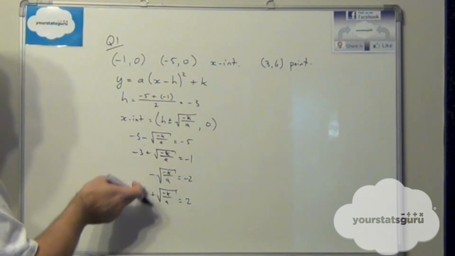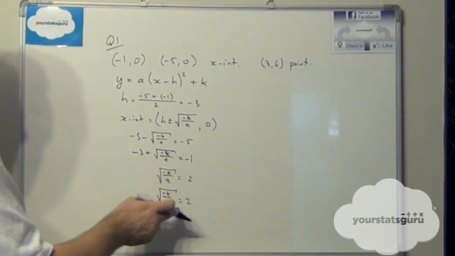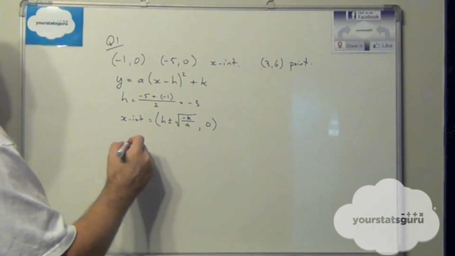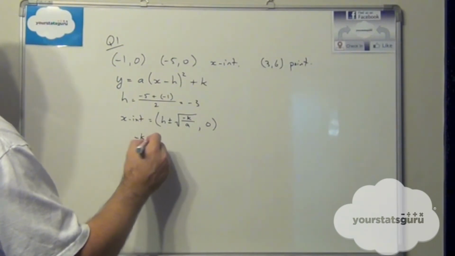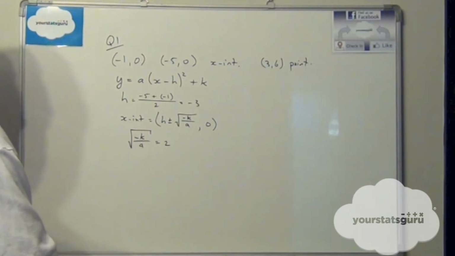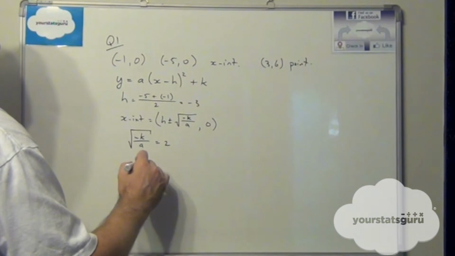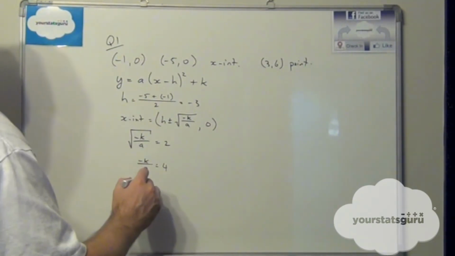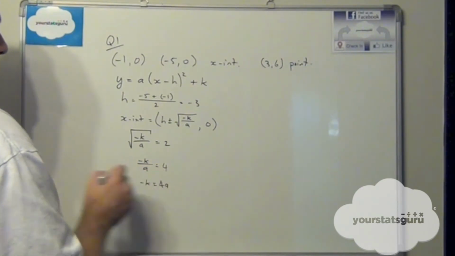Obviously this is the same equation, so we're really saying the same thing. So we have that the square root of -k over a is equal to 2. If we square both sides, that tells us that -k over a is equal to 4. In other words, -k is equal to 4a.